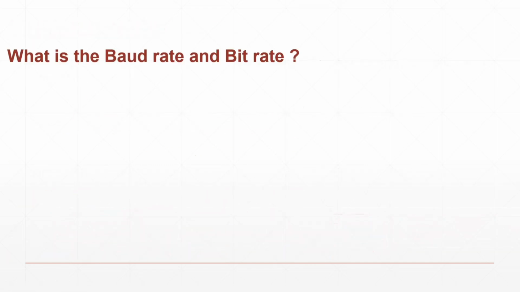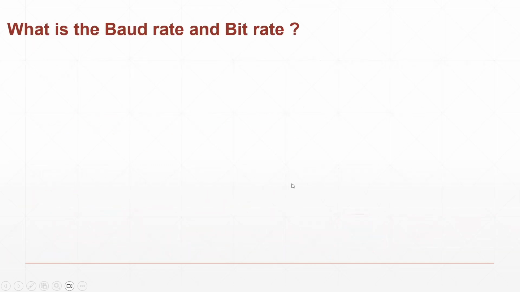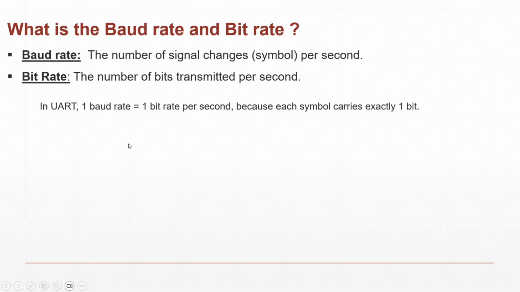Now let's study what the baud rate and bit rate are. Baud rate means the number of signal changes per second, or the number of symbols transmitted or received per second. Bit rate means the number of bits transmitted per second. In UART, one baud is equal to one bit per second.